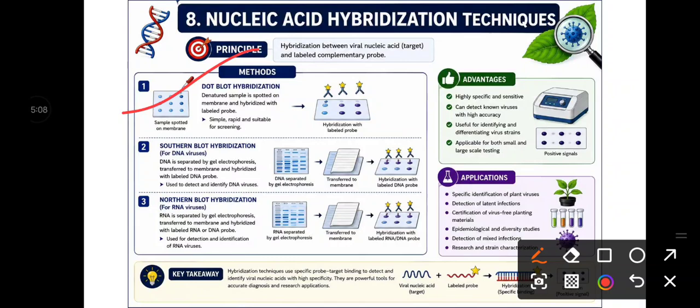Based on its hybridization, we can check whether the virus is present or not. Then another method is the Southern blot method, which is particularly used for detection of DNA. So it is used for detection of DNA viruses, and Northern blot for RNA viruses. So this is based on the hybridization method.